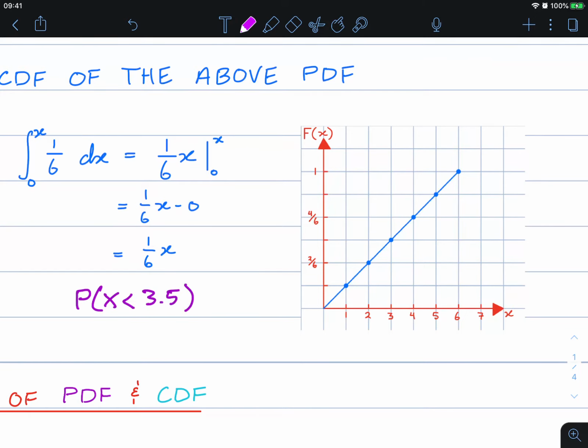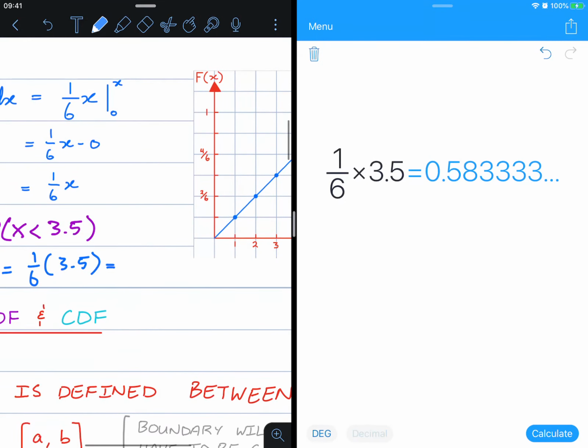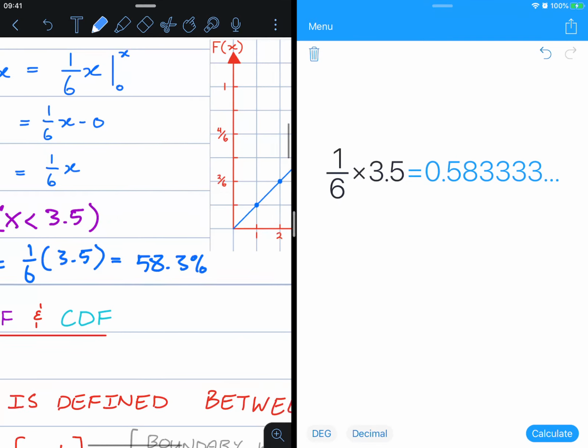Well, because we now have this cumulative distribution function, that's equal to 1/6 times 3.5, which is 7/12, which is a 58.3% chance.